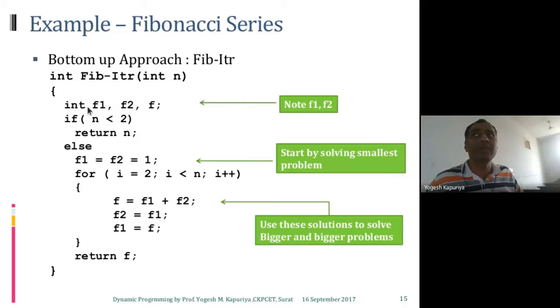What is the time complexity of this approach? See, this is 1, this is 1, this is 1. Again, this is 1, 1. This is n minus 2 or n minus 1, whatever you can say. But ultimately, the time complexity is n, and overall it is big O of n.